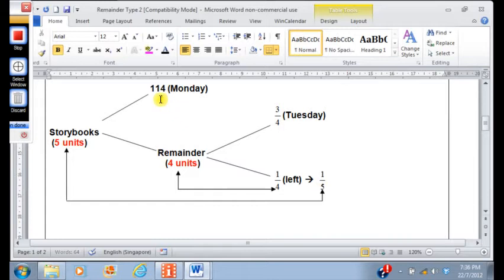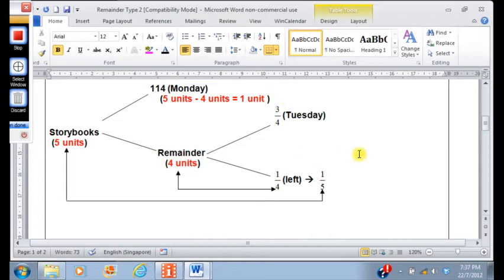This will therefore be 5 units minus 4 units equals to 1 unit. So by number bonds, we know that this is 1 unit.